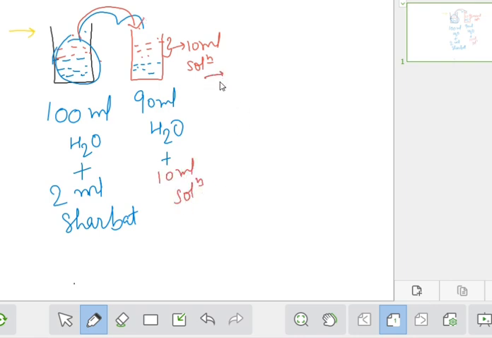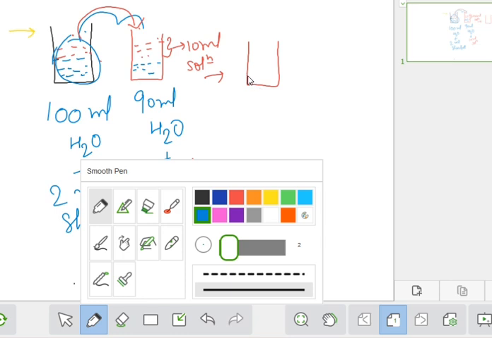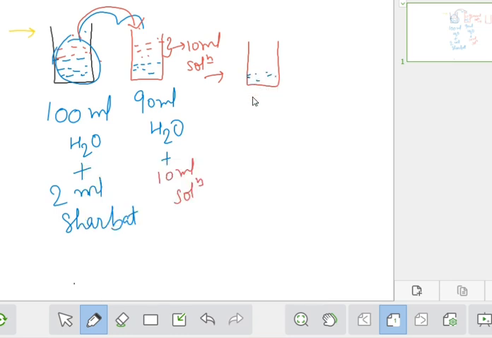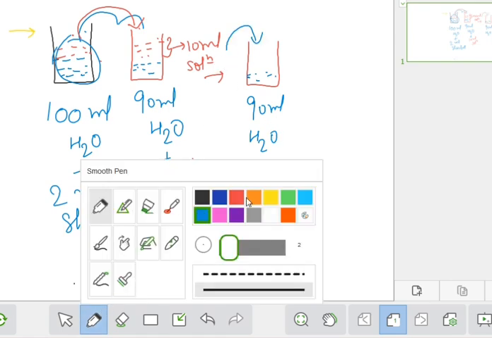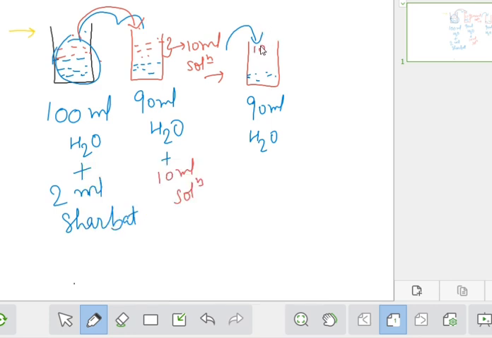Again we repeat the same thing. Again we take 90 ml fresh water, and from the previous one again take 10 ml solution.